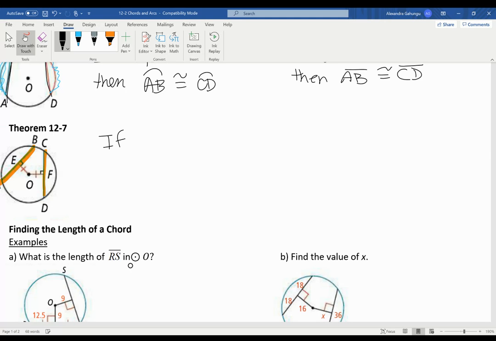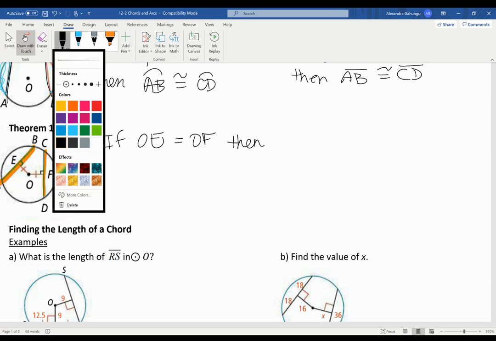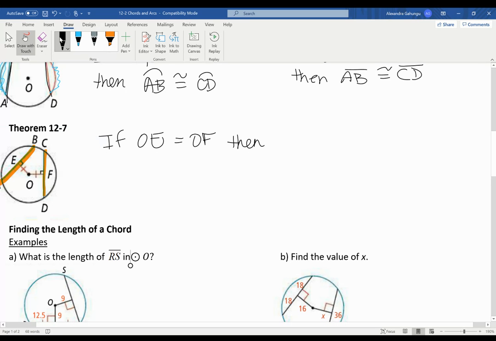So if from the center out, OE, that length is the same as from the center out, OF, then our chords AB and CD are congruent. So chords equidistant from the center are going to be congruent.